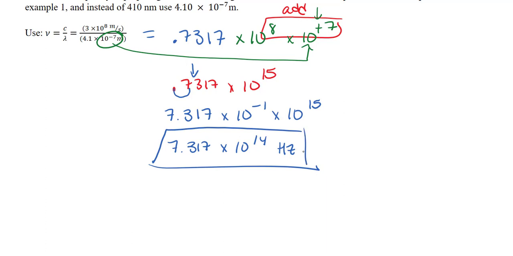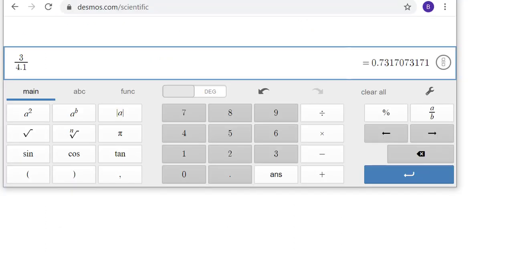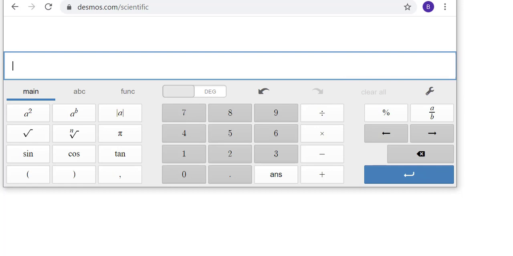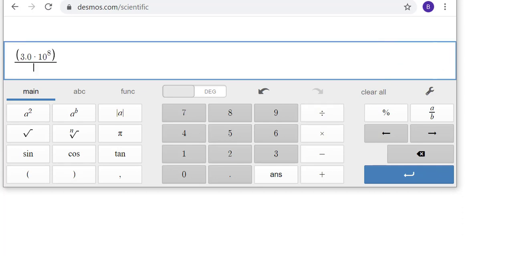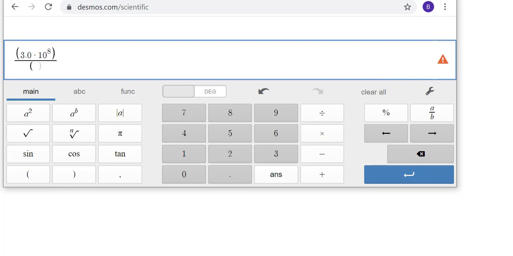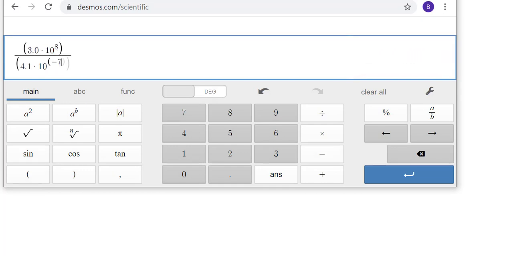Now, what if you aren't sure you're right? Let's pull our calculators out again. If we clear all, put on our calculator 3.0 times 10 to the 8th power, and close the bracket, then we divide by, in parentheses, 4.1 times 10 to the negative 7.